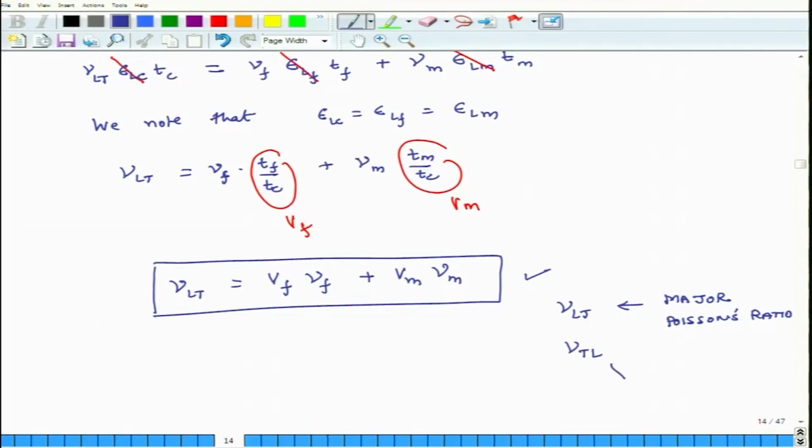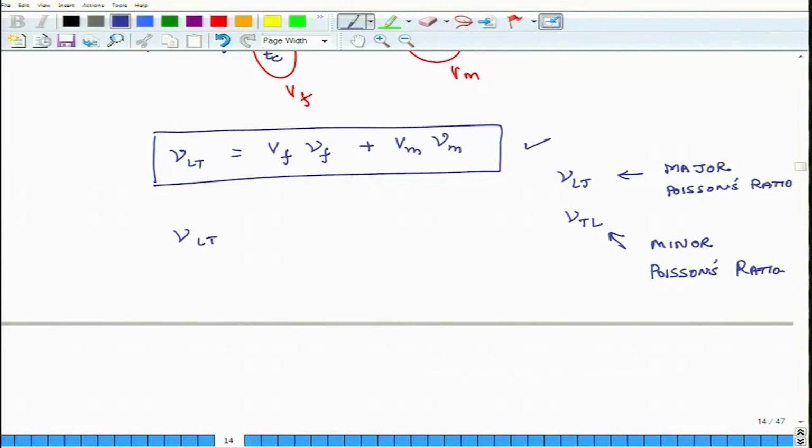And this guy is known as minor Poisson's ratio. Okay. So, what we have learnt is how to compute the major Poisson's ratio. How do we compute minor Poisson's ratio? We will learn that probably next week.